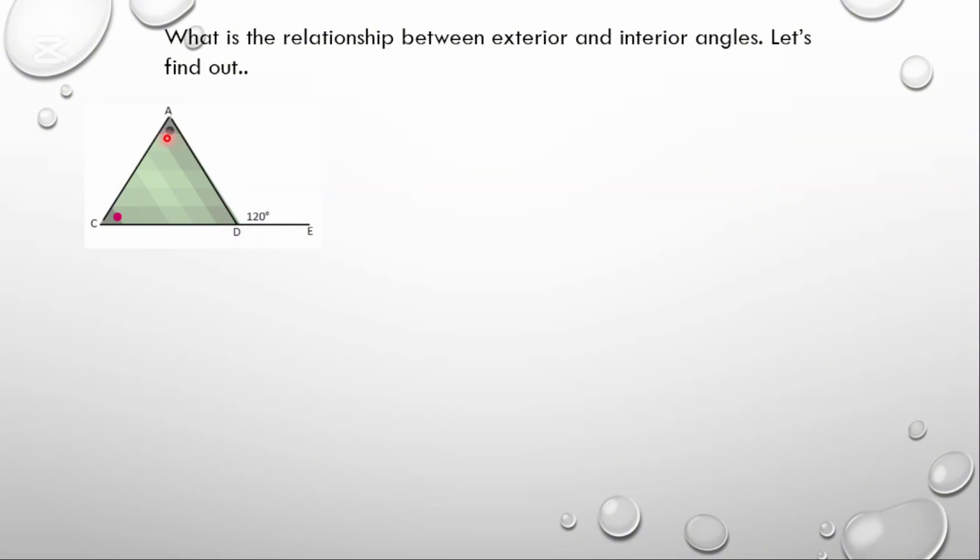So these two angles, we say they are opposite 120 degrees. Or angle A and angle C, they are opposite the exterior angle ADE. Right. Interior angle A and interior angle C are opposite exterior ADE.